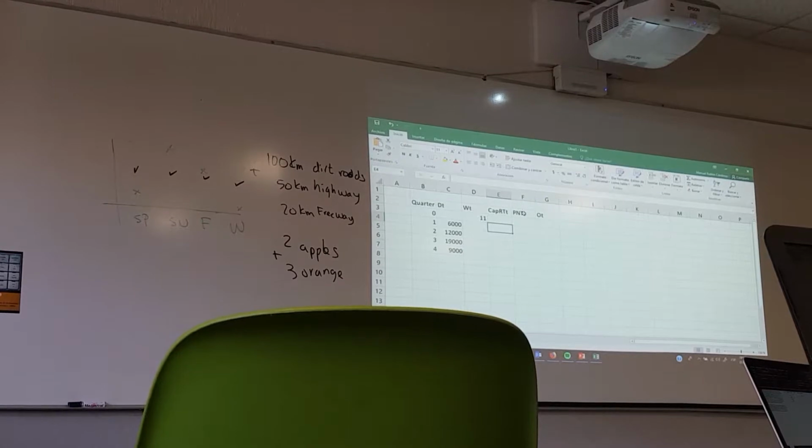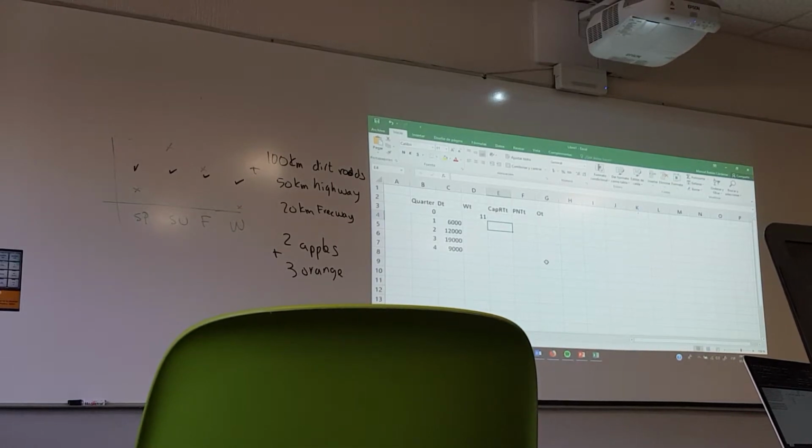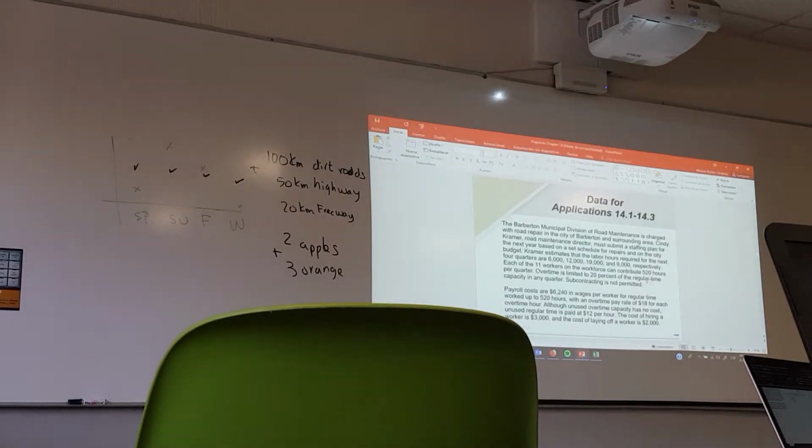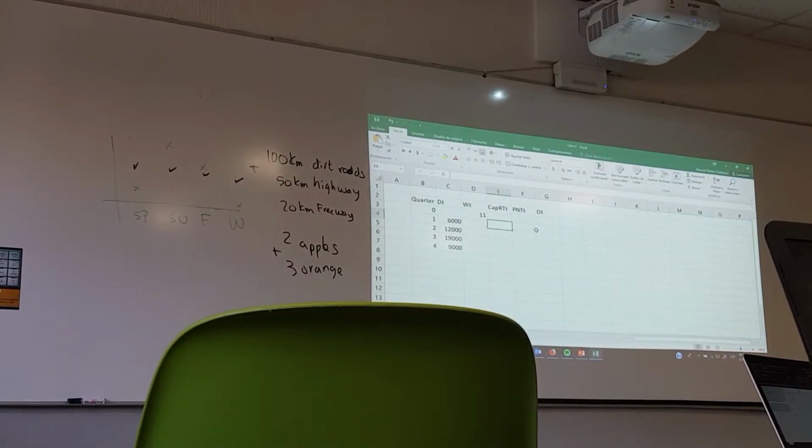Obviously, I hope you see this production has to be less than the capacity in normal time. That is a constraint. Overtime has to be less. The problem says something about this, didn't it? It says overtime is limited to 20% of regular time capacity. Very clear, regular time capacity. Okay? Remember that.